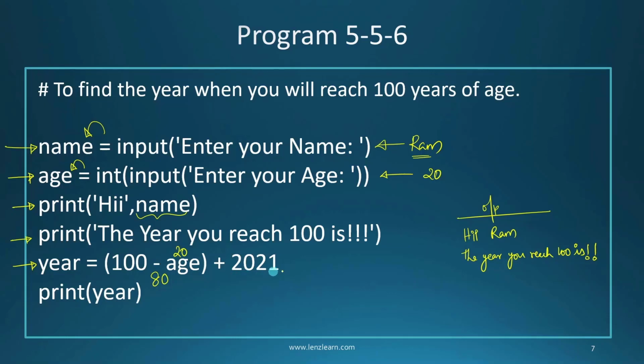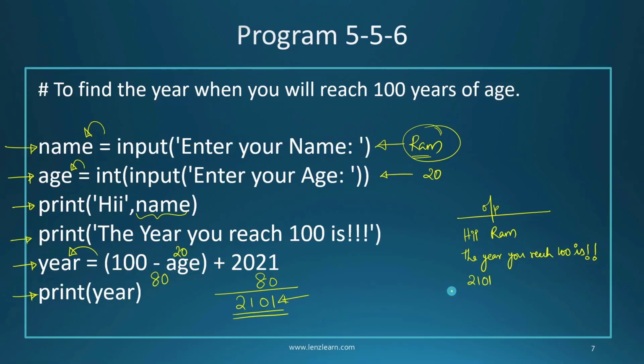This year is 2021, so 80 will be added to it. The result will be 2101. At this year, Ram will celebrate his 100th birthday. So 2101 will be copied to variable year, and after that I will print the year. In the output it will print 2101.